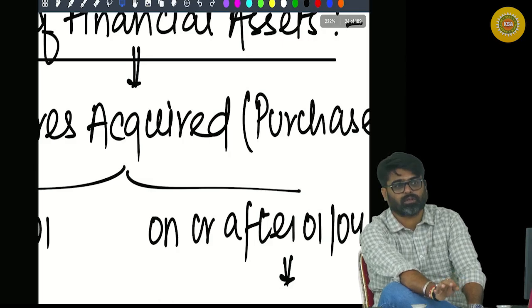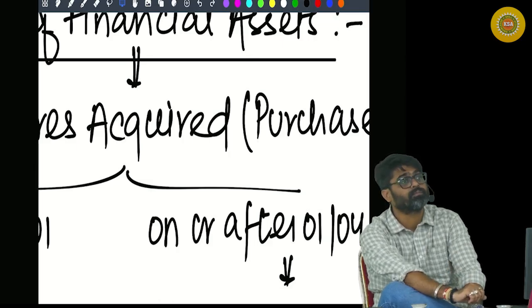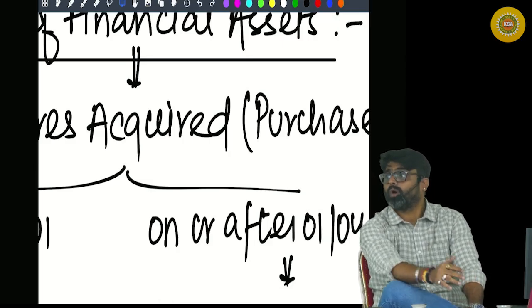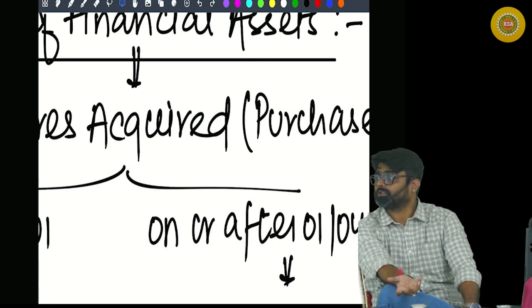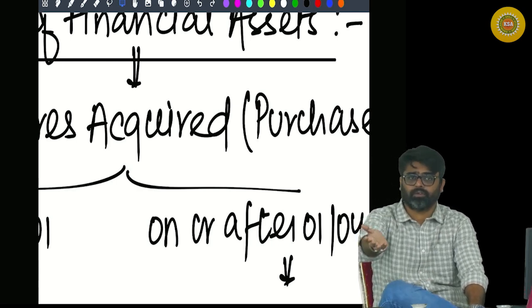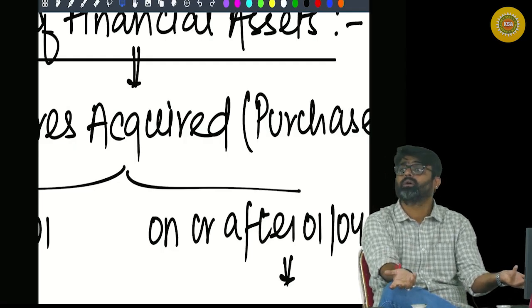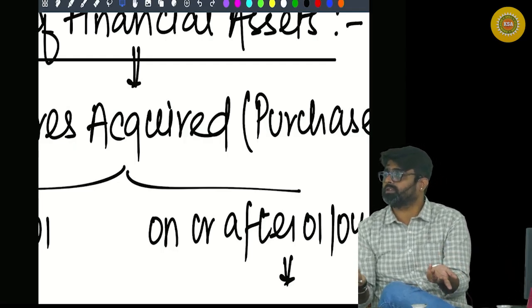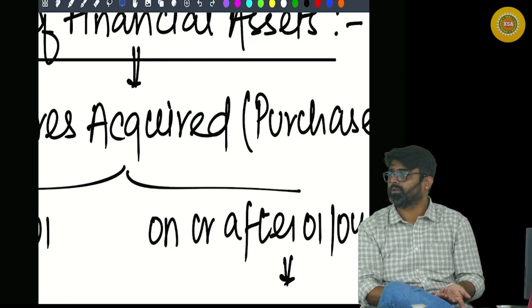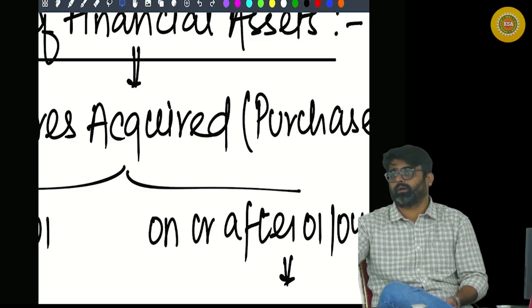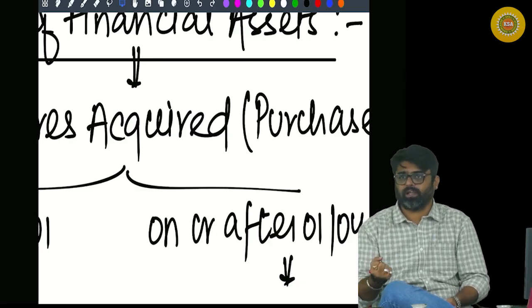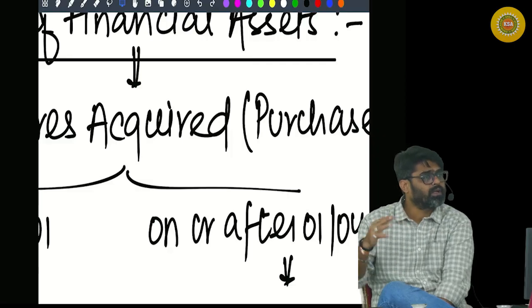What should be the cost of acquisition of these shares which you acquired? Actual cost. The price which you paid to acquire the shares, purchase price plus purchase related expense.